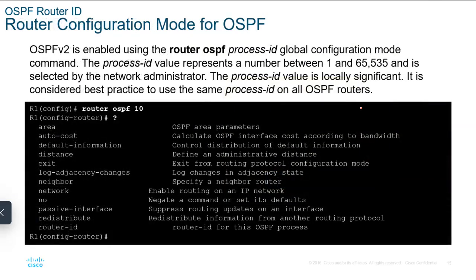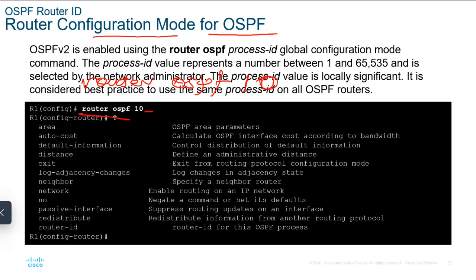So, router configuration mode for OSPF. Of course, you have to access global configuration mode and run this command: router ospf, but of course you have to put the process ID. That's the reason why we have a 10.